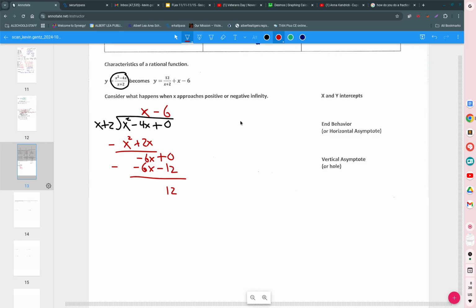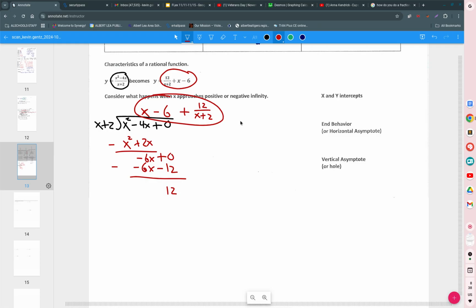Therefore, we have a remainder of 12, so it's plus 12 over x plus 2. Can everybody see that these two are, in fact, the same? Okay? Now, that looks a little bit different than the type of rational function I've seen before, doesn't it?